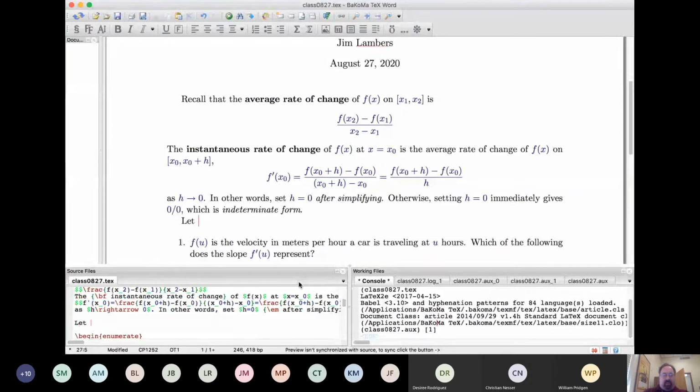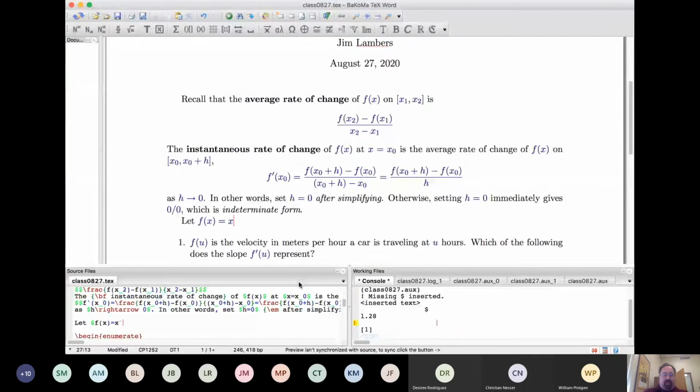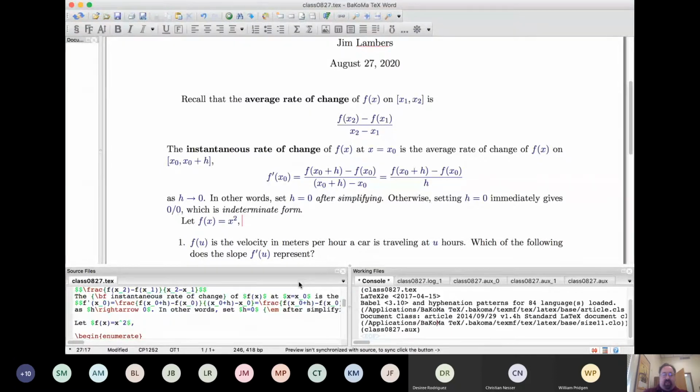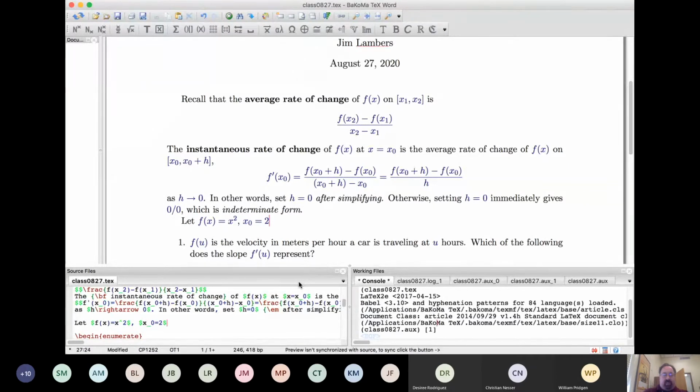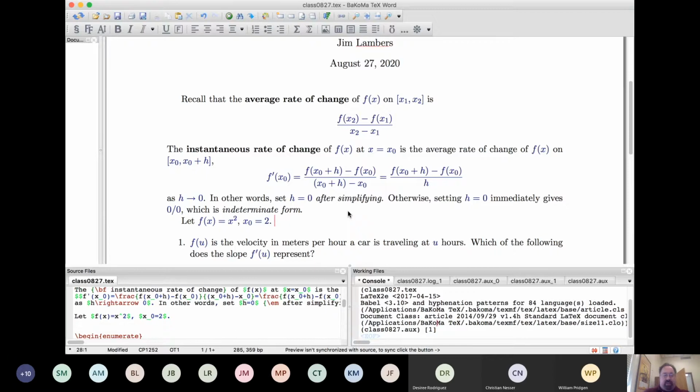So as an example, I'll let f of x equal x squared, and I'm going to let x naught equal 2. And I'm going to go ahead and compute this for different values of h.